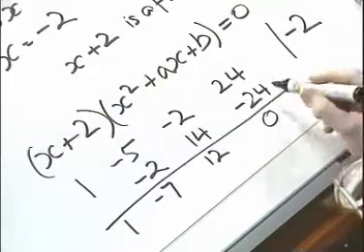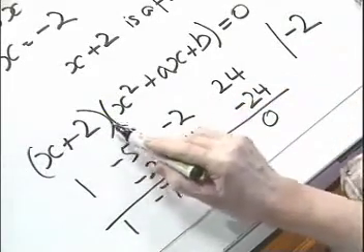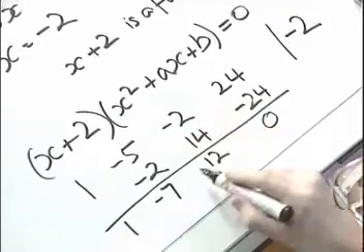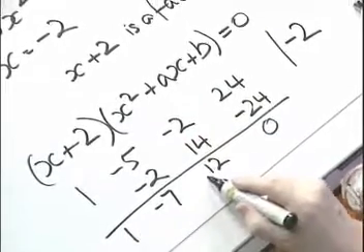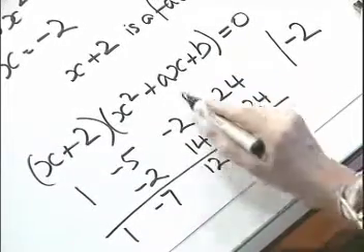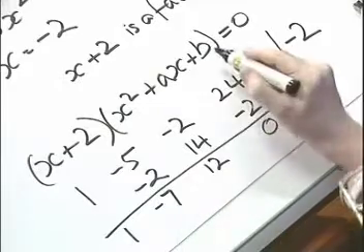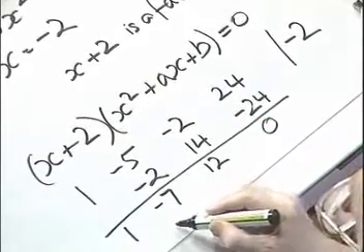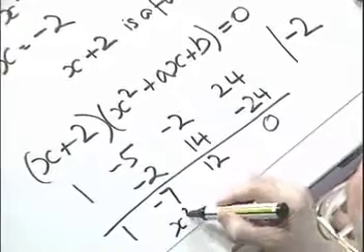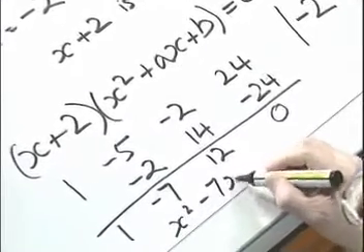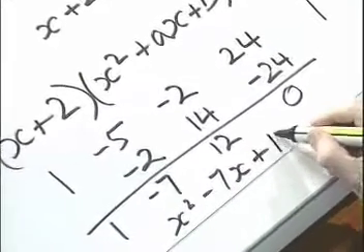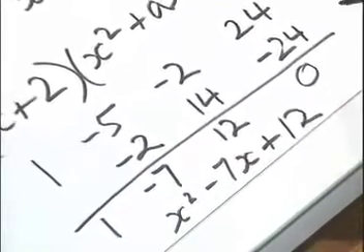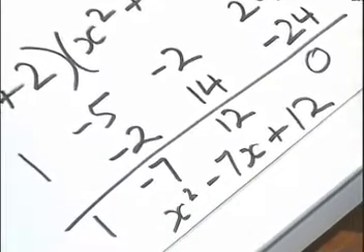The 0 tells us that x plus 2 is indeed a factor, and the numbers we have here give us the coefficients of the quadratic. A is equal to minus 7 and B is equal to 12. So the quadratic that we're looking for is x squared minus 7x plus 12. And synthetic division is explained fully in the accompanying notes.